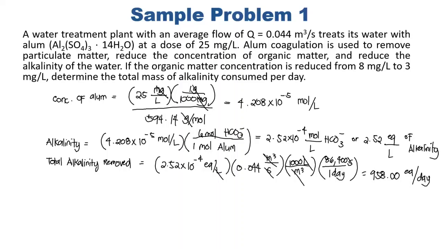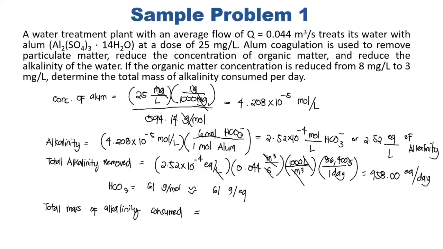Now, the problem is asking for the total mass of the alkalinity. So we are going to convert these equivalents per day into kilograms per day. So we know that the molecular weight of the hydrogen carbonate is equal to 61 grams per mole, which is also equal to 61 grams per equivalent. So we can now solve for the total mass of the alkalinity consumed.